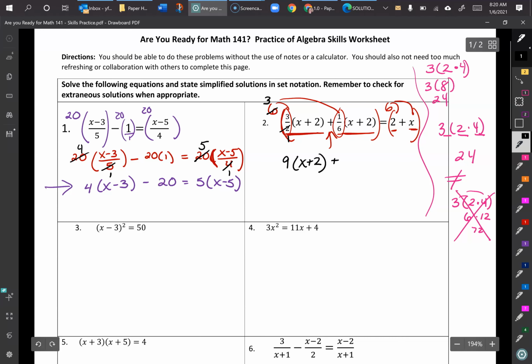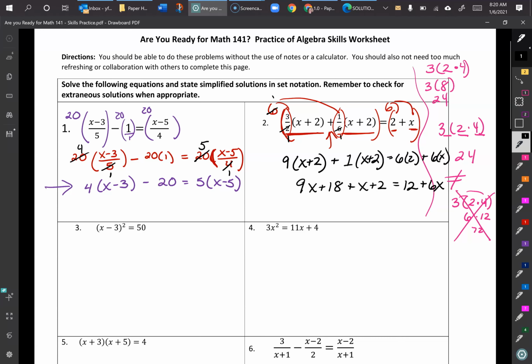This will end up being a 1 times x plus 2 there. And this will be 6 times 2 plus 6 times x. So you can distribute that way and end up with 9x plus 18 plus x plus 2 equals 12 plus 6x.